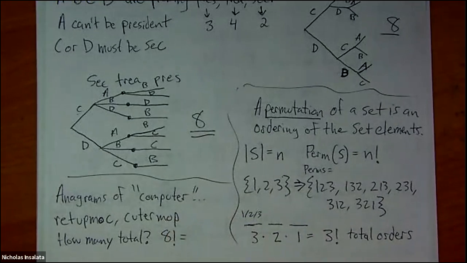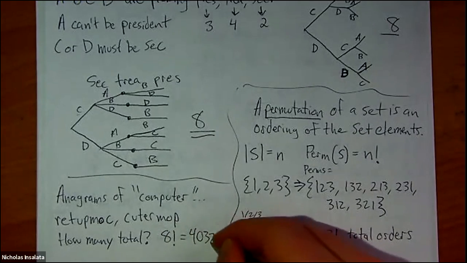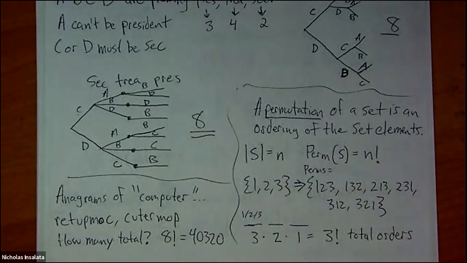Which is how much? Let's see here. 40,320. All right. So a lot of different anagrams of computer. None in English that I saw.